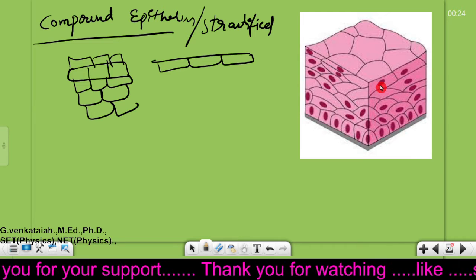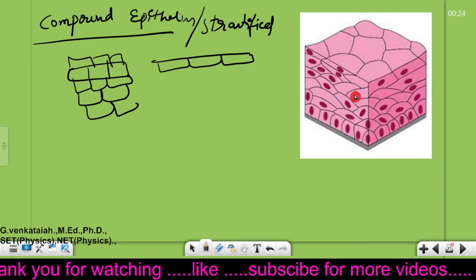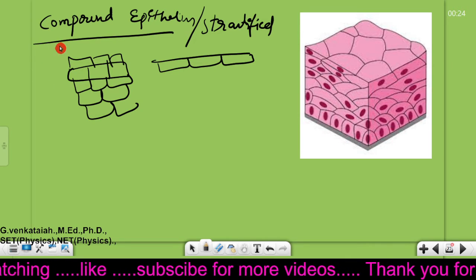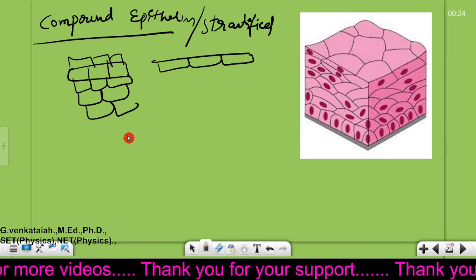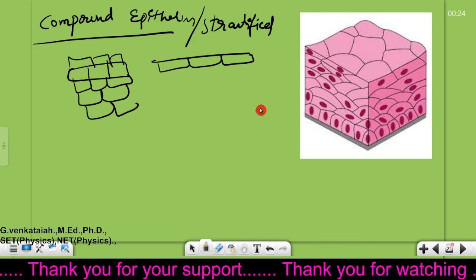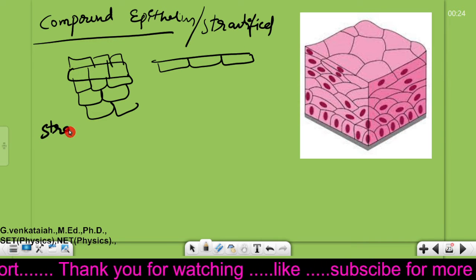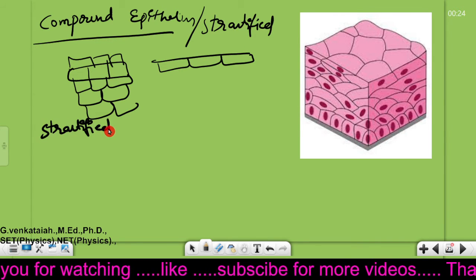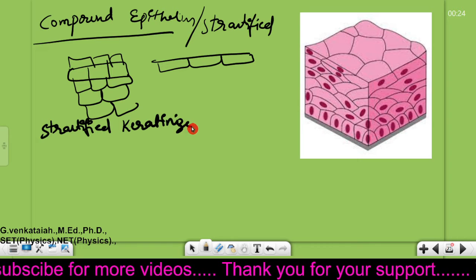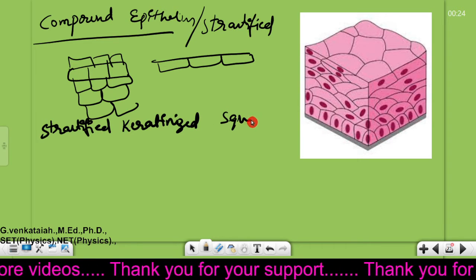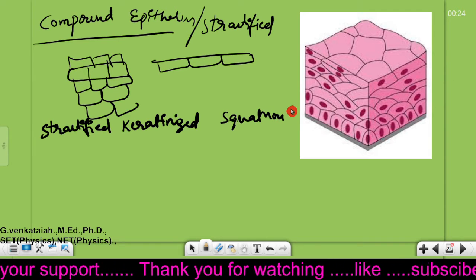Here also, depending upon the shape and structure of the cells and the presence or absence of keratin, compound epithelium is classified into stratified keratinized squamous epithelium and so on. Squamous means the cells have a flat, tile-like structure.